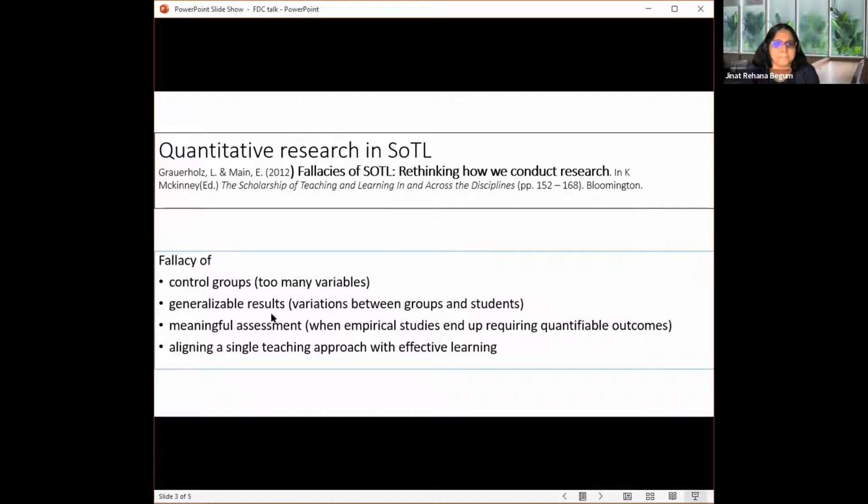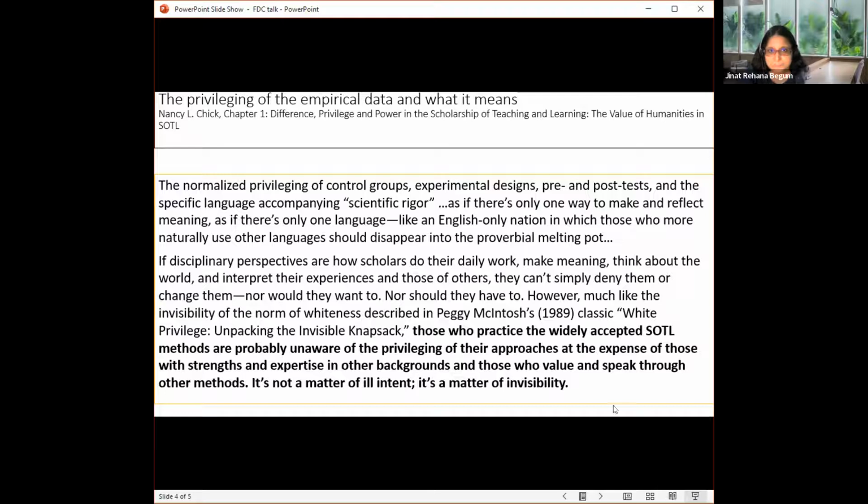But what really spoke to me was this chapter by Nancy Chick. And she talks about the problems that people in the fine humanities like history and literature have with working in SoTL, because there's this idea that the fine humanities are soft in some way, that there's no theoretical basis for the work that is done in literature, for example.